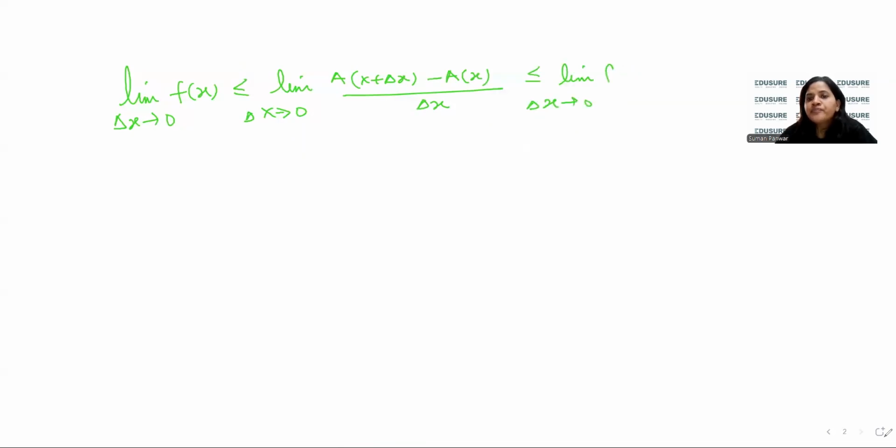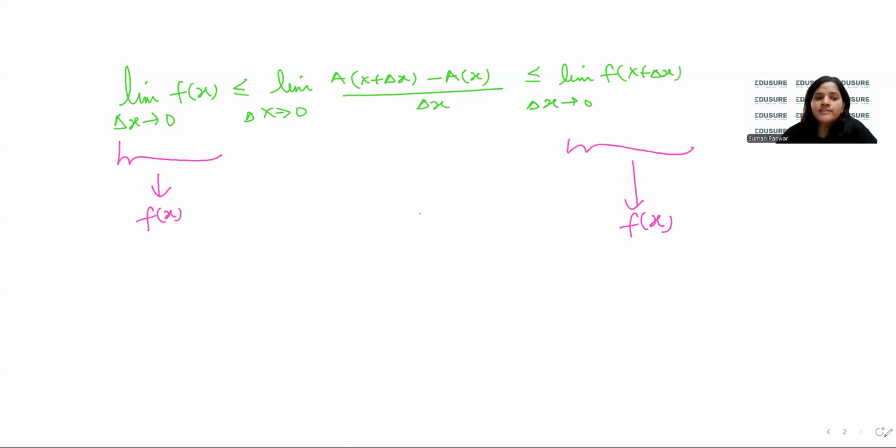Note one thing: the limit on the left hand side is nothing but f(x) because it does not depend on delta x. The limit on the right is again f(x) because delta x goes to 0.